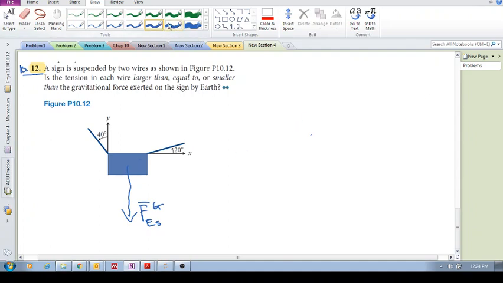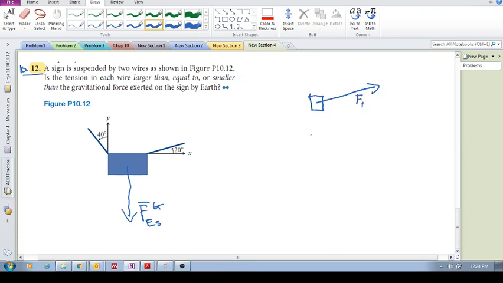Well, for me, the first step always is to draw a free body diagram. So here is our body. There, we can call this one F1.